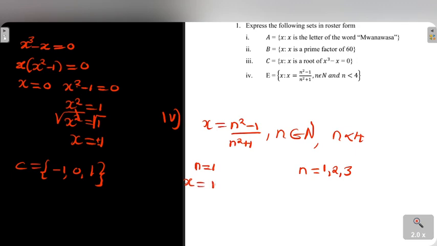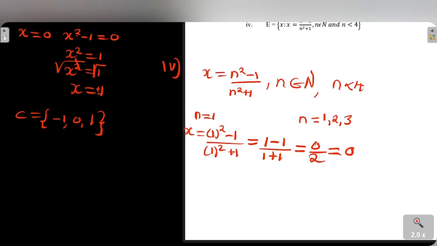So 1 squared minus 1 over 1 squared plus 1. Then this will give us 1 minus 1 over 1 plus 1. So this will be 1 minus 1, that will be 0 over 2. So 0 over 2, we have a 0.